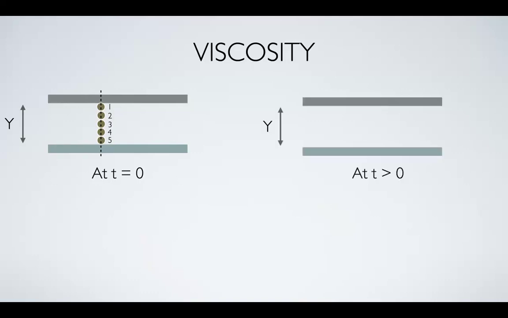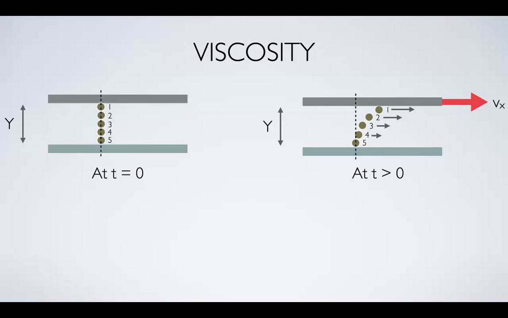At time more than zero, once we start pulling the top plate at velocity Vx, what's going to happen with all 5 molecules, number 1 to 5? It's going to start moving with the velocity, okay? So molecule number 1 here is going to move with the same velocity of the plate.